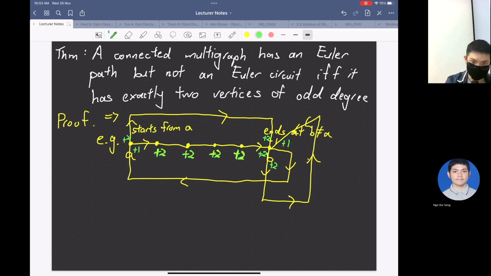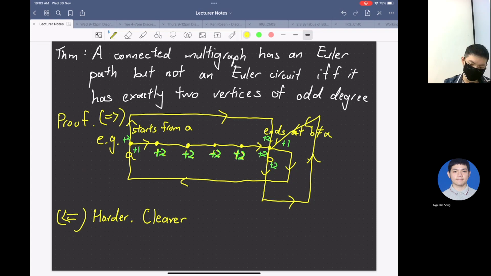Then the other direction is harder, right? Starting from the degrees, you need to construct an Euler path. A bit harder, but there's a clever way to do it.